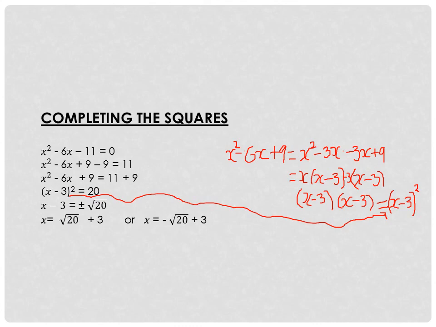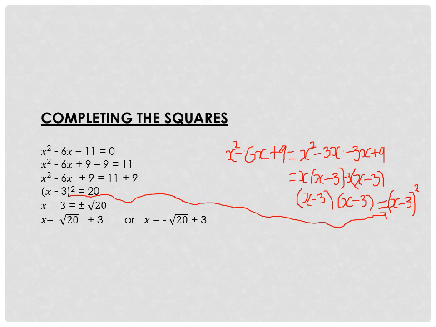So now what do we have to do? To get x, we need to find the square root of both sides to do away with the square.